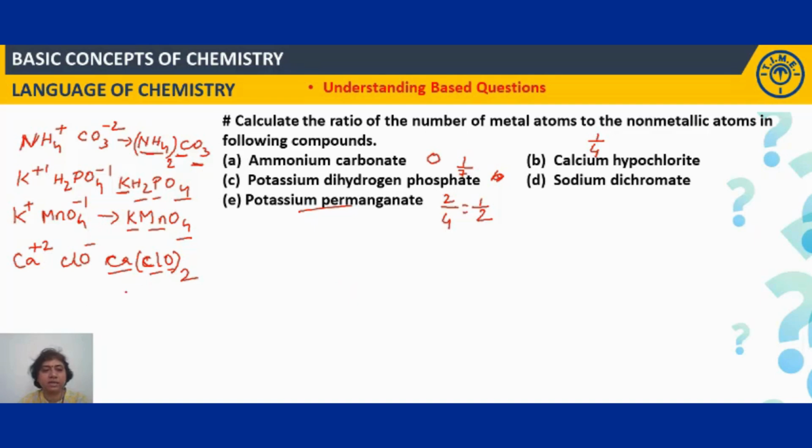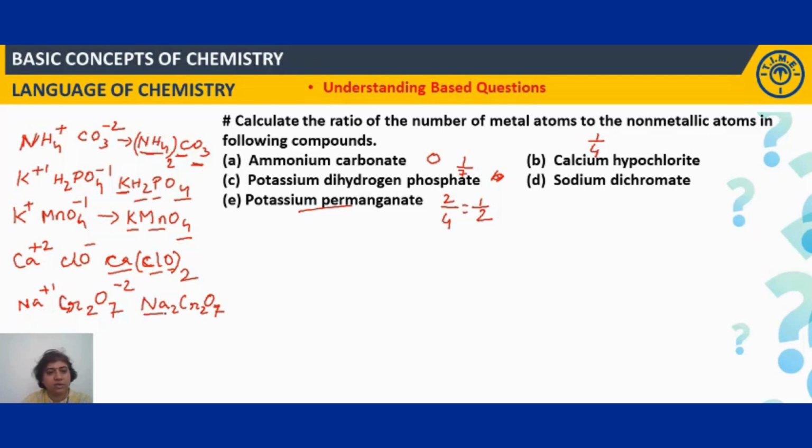Sodium dichromate. Sodium is Na plus 1. Dichromate is Cr2O7 minus 2. Okay, so what is the formula? Na2Cr2O7.